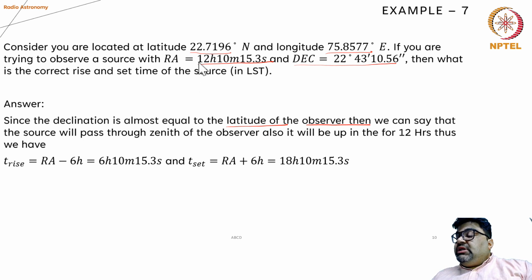So you have a declination equal to the latitude. So declination of the source is around 22 degree 43 minutes, and which is very close to this 22.7196 degree north.